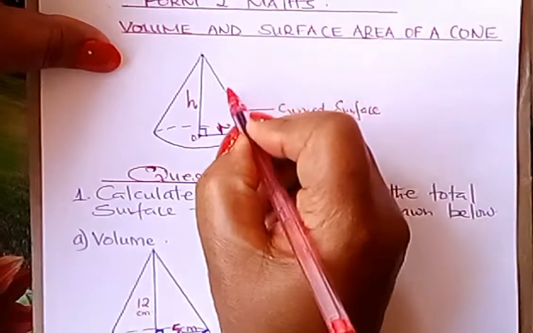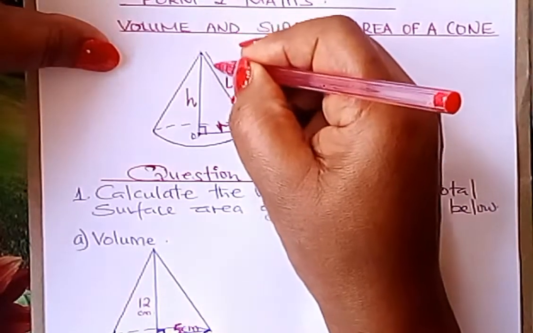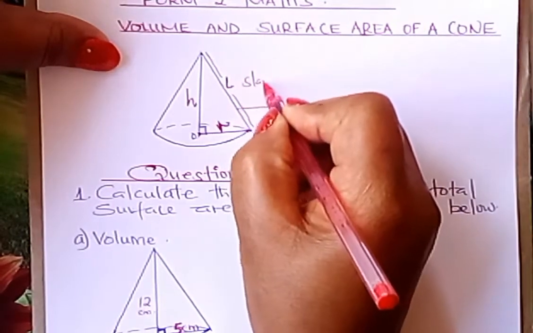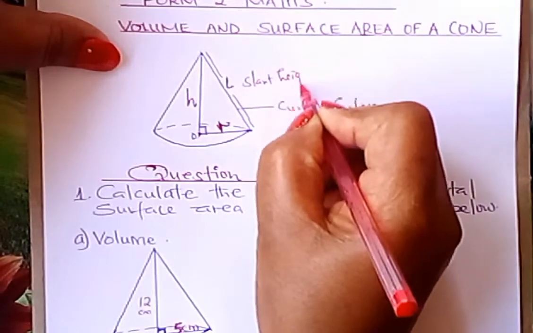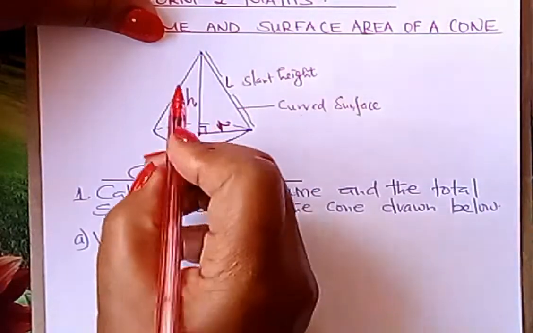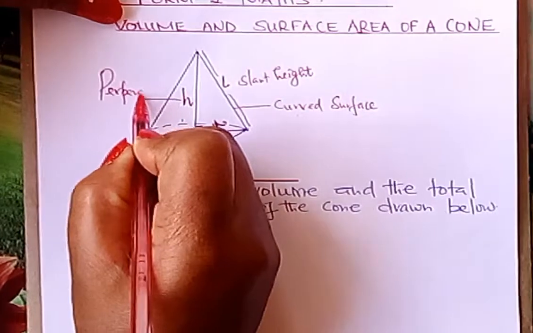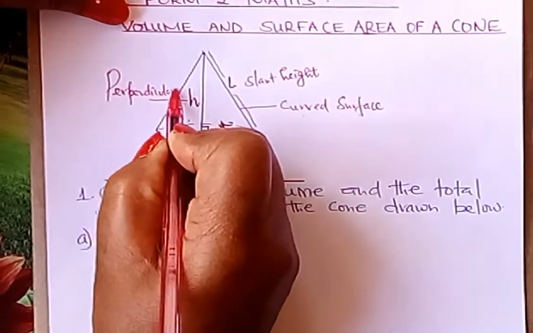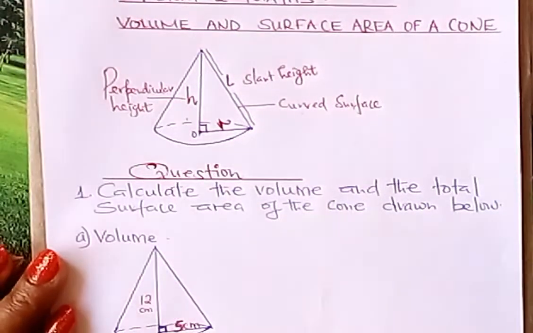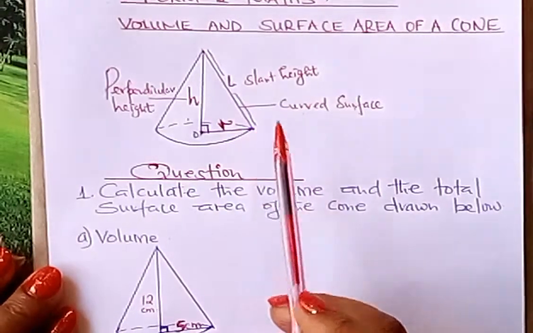It is symbolized as L. That height is called the slant height of the cone, and this one is called the perpendicular height of the cone, or simply the height of the cone. So a cone has a radius, a height, and the slant height.